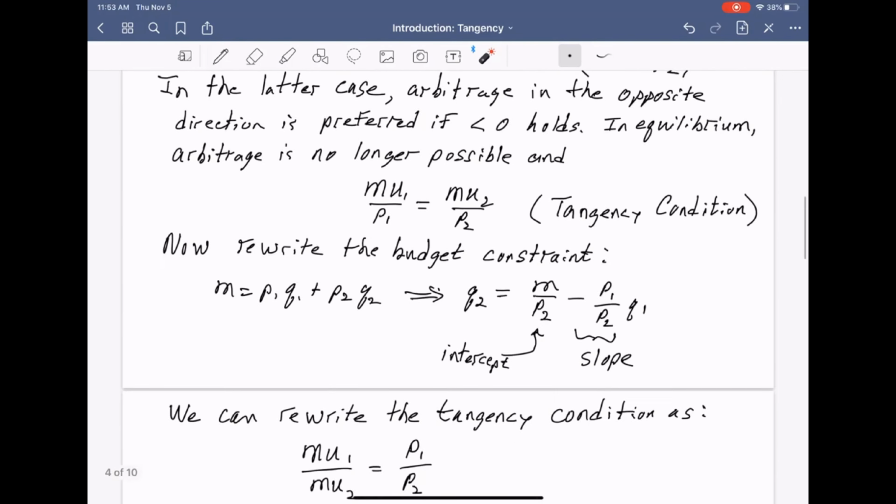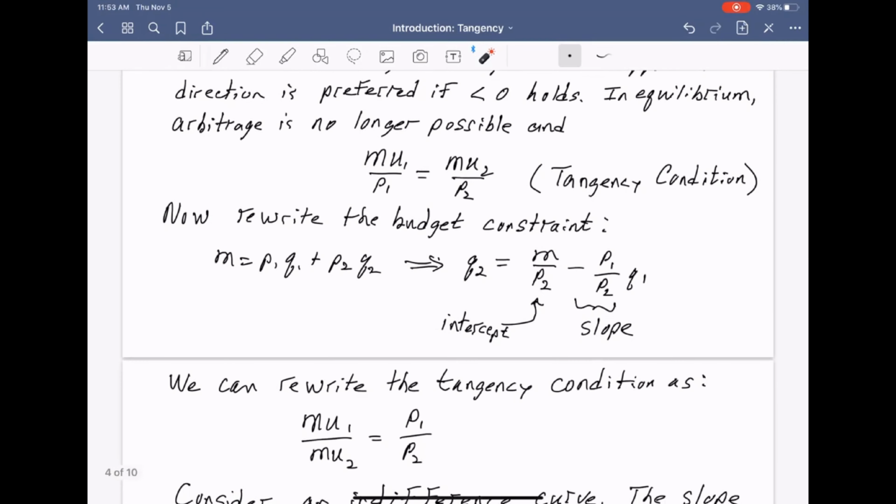Now let's rewrite that original budget constraint in terms of Q2. So we're going to solve the budget constraint for Q2, which gives us Q2 equals the budget M over P2 minus P1 over P2 times Q1. And this part here is the intercept of the budget line.